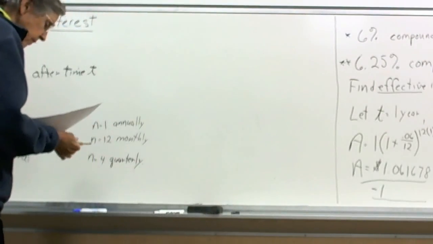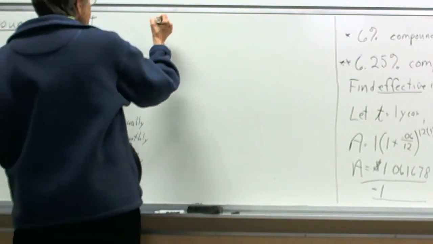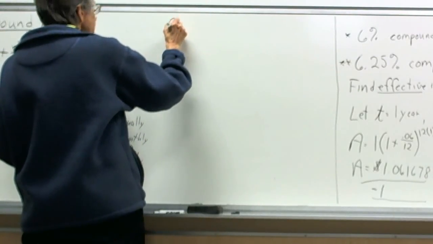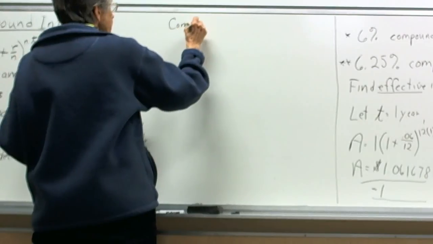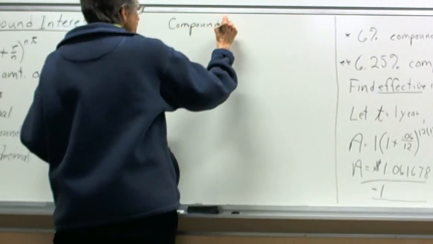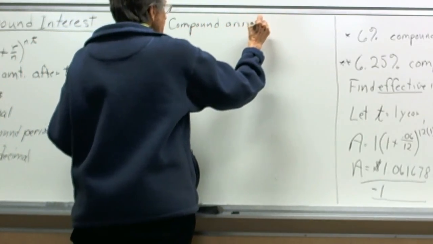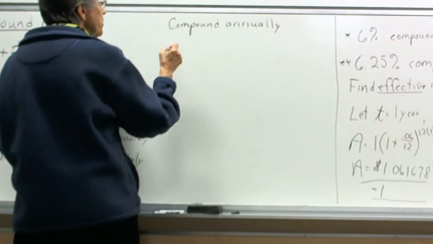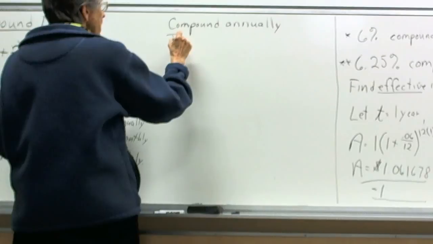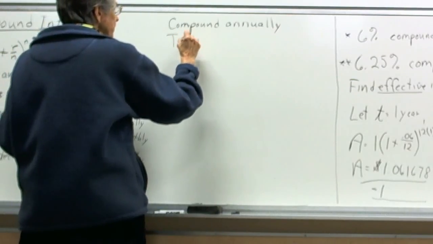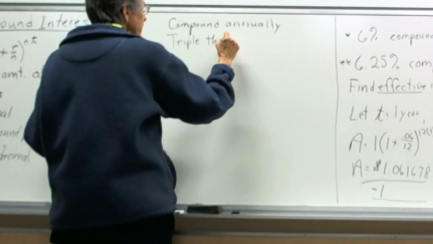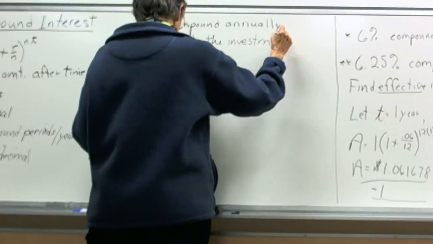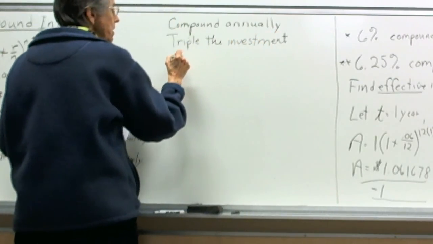So we want to find the rate if we are going to be compounding annually once again. And we want to triple our investment in 10 years.